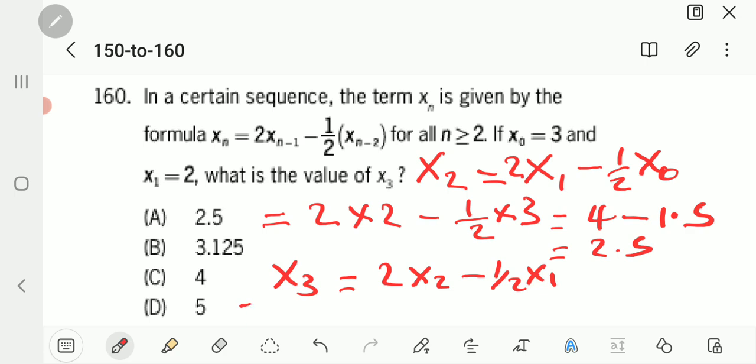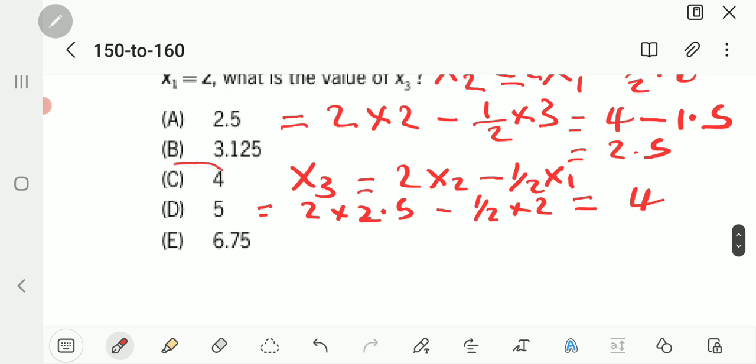So this will be 2 times 2.5 minus half times 2. 2 times 2.5 is 5. Half times 2 is 1. 5 minus 1 is 4. Is there 4 there? Yes, there is 4.